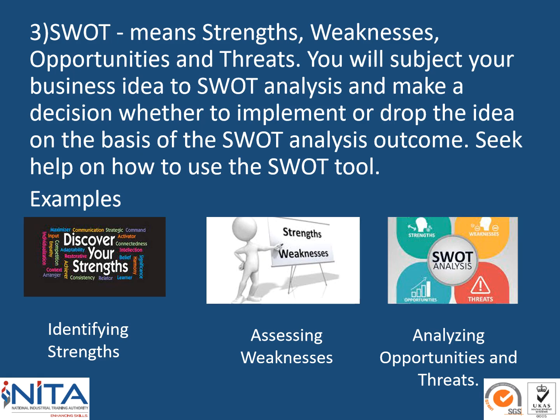You will subject your business idea to SWOT analysis and make a decision whether to implement or drop the idea on the basis of the SWOT analysis outcome. Seek help on how to use the SWOT tool. I'm sure this is something you're going to use. Please make sure you understand the strengths, weaknesses, opportunities, and threats.